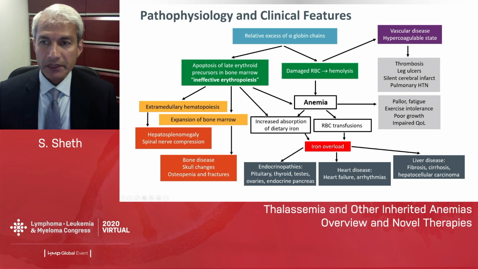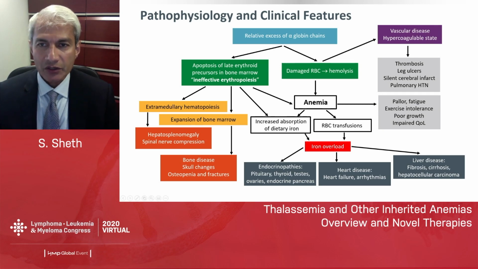In addition, particularly in individuals who have non-transfusion dependent thalassemia and have a significant proportion of abnormal cells in the circulation, there's vascular disease and a hypercoagulable state that results. This can lead to thrombosis in the venous system, as well as leg ulcers from poor perfusion, silent cerebral infarcts, and the development of pulmonary hypertension, all of which can have significant morbidity and mortality as well.